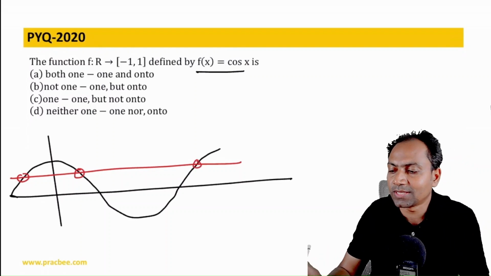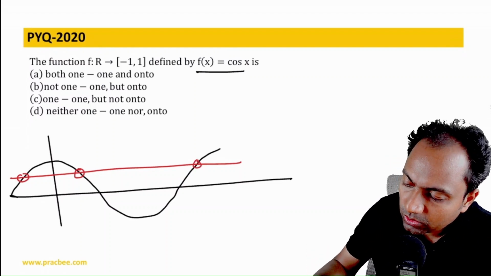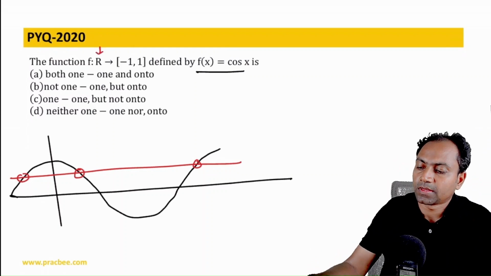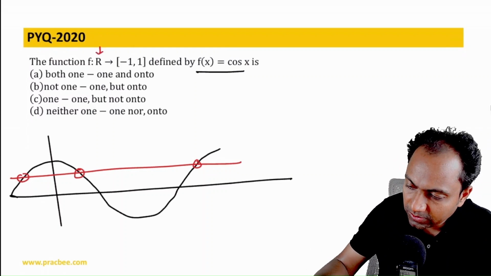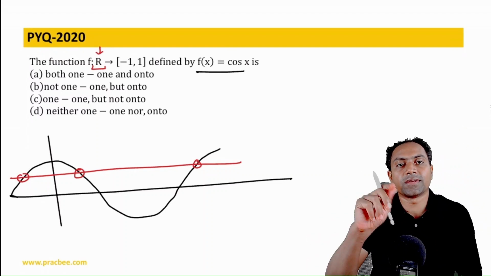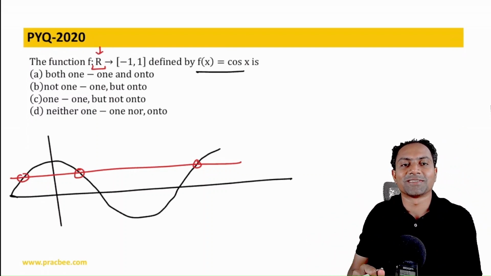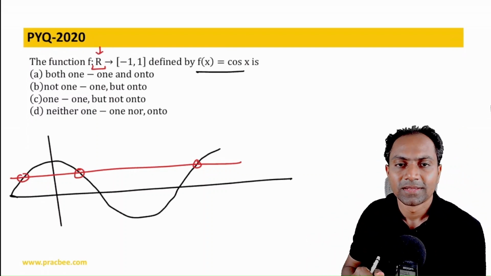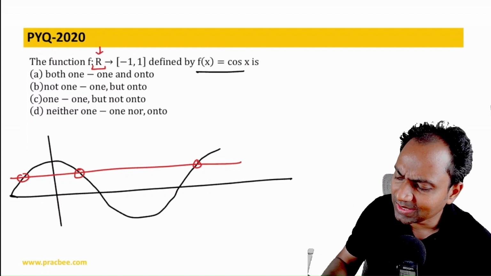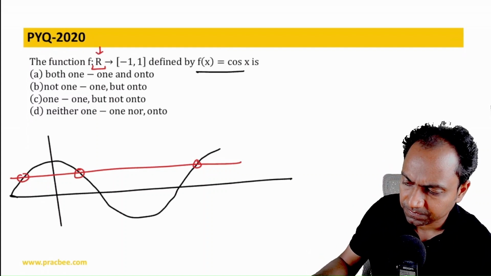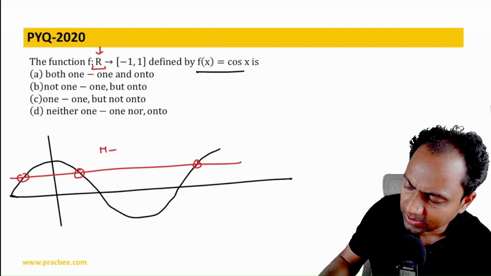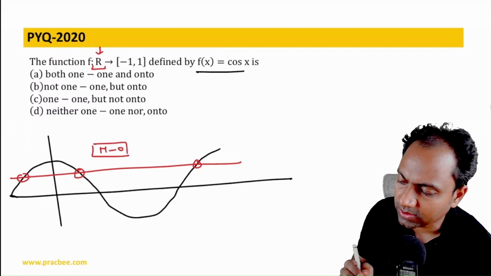If I am looking over the whole real numbers, there are many points, and this is important where we are observing that nature. So there are many points where this line will cut, so this is a many-one function.